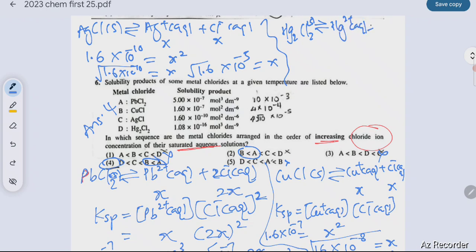Hg2Cl2 gives Hg2 2 plus aqueous plus 2Cl minus aqueous. Here we have to take Hg2 2 plus, right? So here we are having 2, so here 2x.